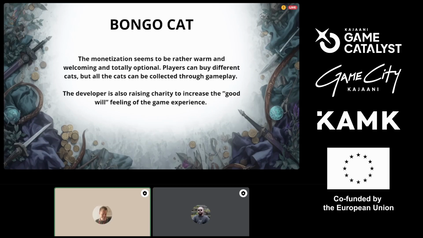The monetization of Bongo Cat seems to be rather warm, welcoming and totally optional. Players can buy different cats and collect all things through gameplay. They're also raising charity to increase the goodwill feeling of the game experience. There are no paywalls in the game or anything you actually need to buy, and it's a cute game.